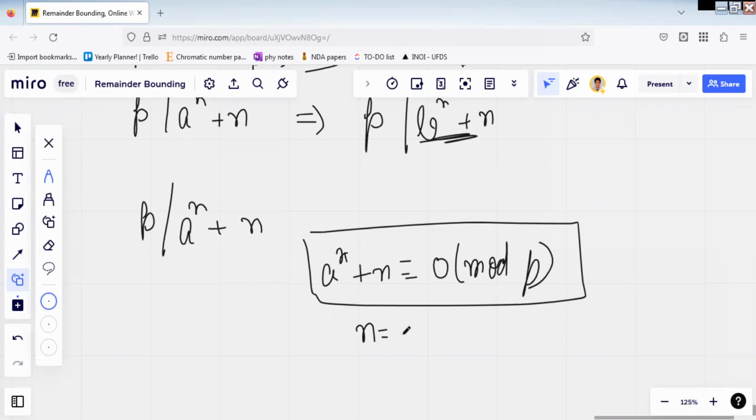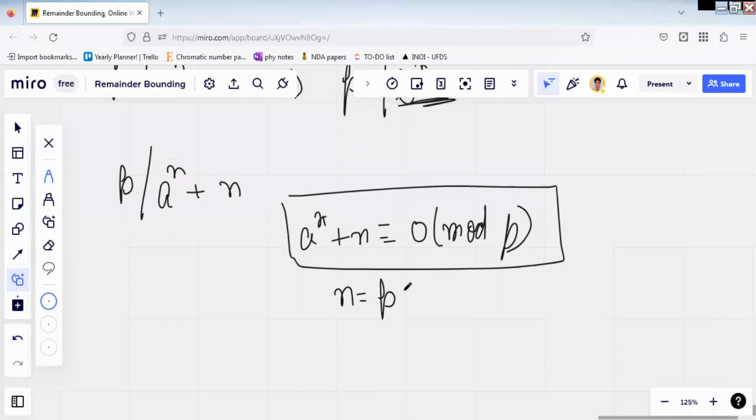Okay, but let's say n equals p. Then it becomes a here. But a might not be equal to 0 mod p, right?